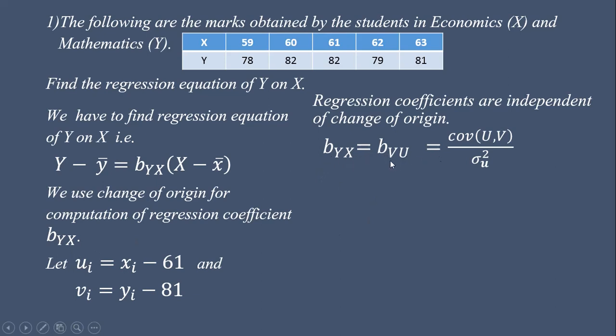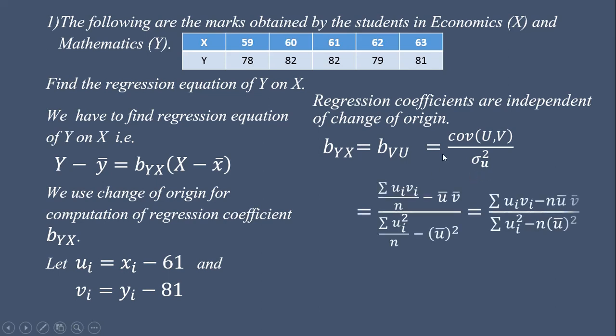So now instead of x we consider u, instead of y we consider v, and we get the same formula as before, with x and y. Covariance between x and y, instead of that we now write covariance between u and v upon sigma square u. This covariance between u and v is summation ui vi upon n minus u bar v bar, and we can calculate this variance, summation ui square upon n minus u bar to the square.